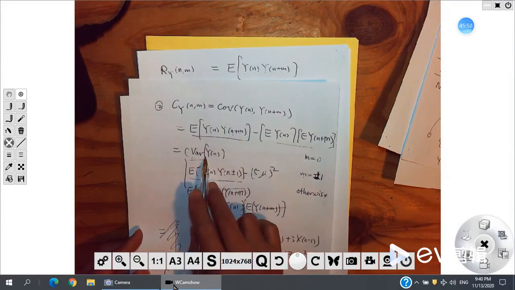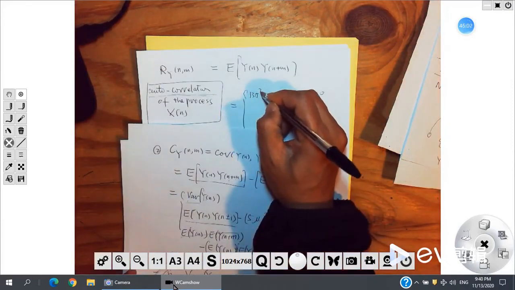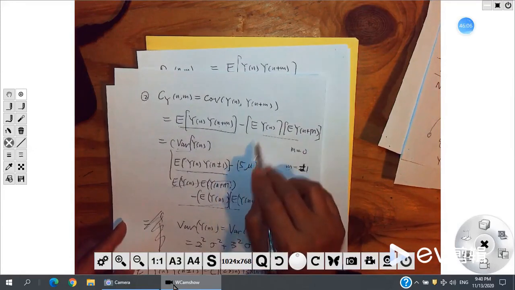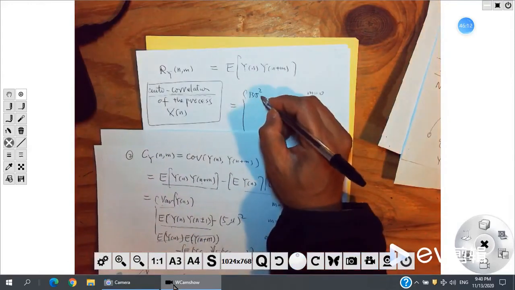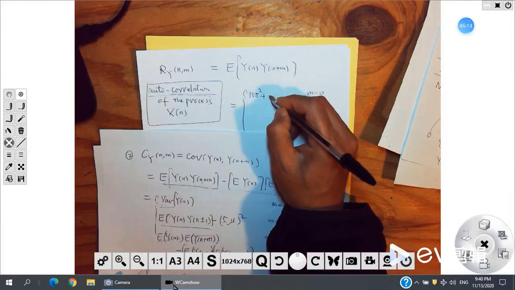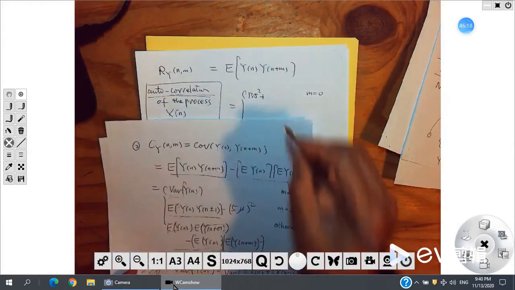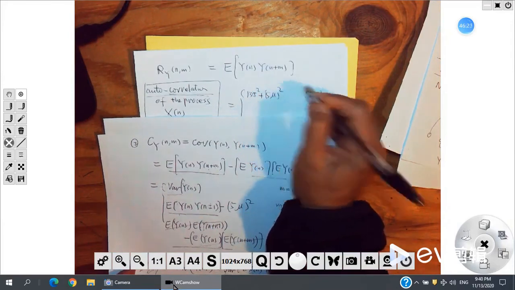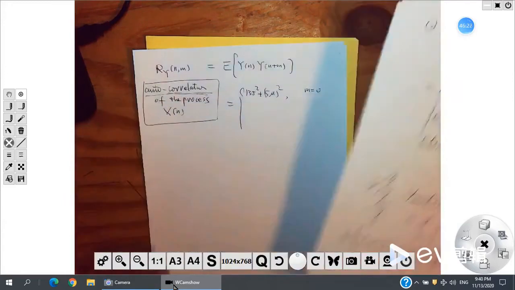And this one we know is 13 sigma squared. And these two are 5 mu. Yeah, actually this one should be 5 mu. So it's a plus. This one will be this plus this. So plus 5 mu squared. Okay, this is it. M equal to 0.